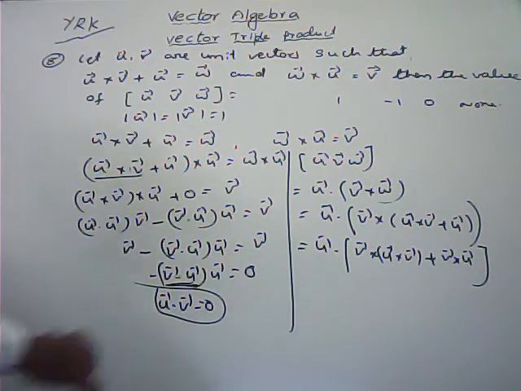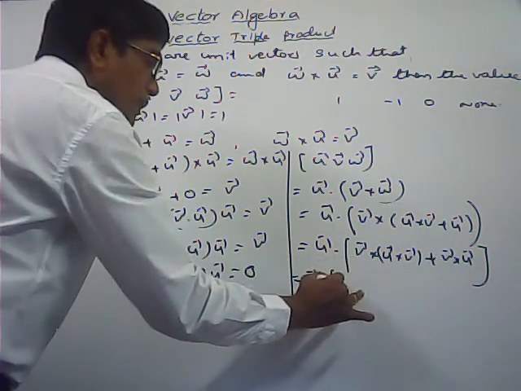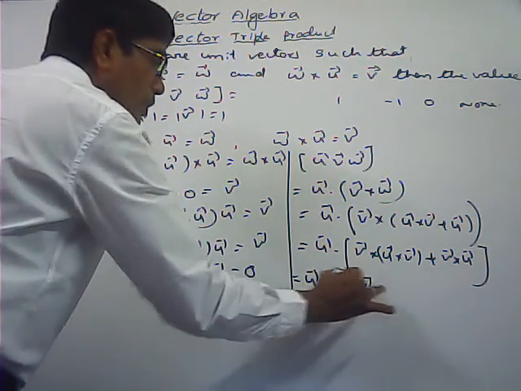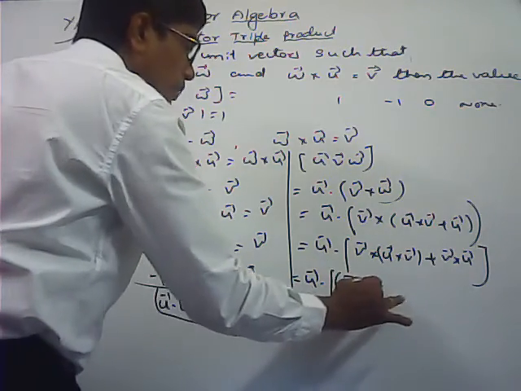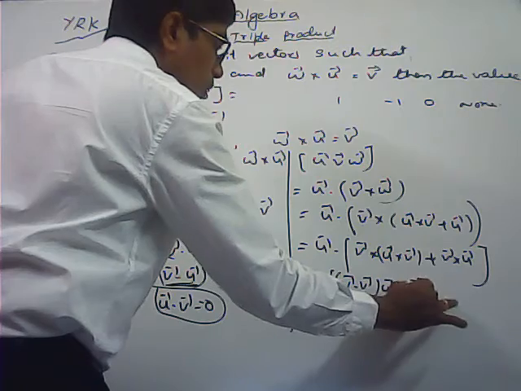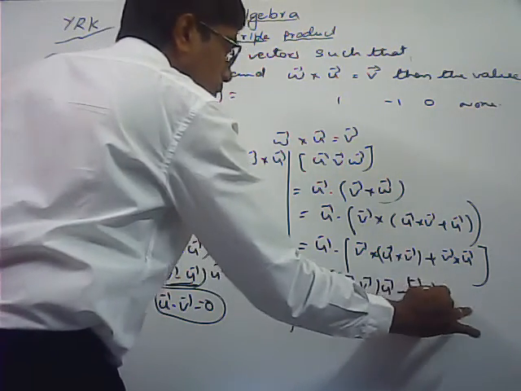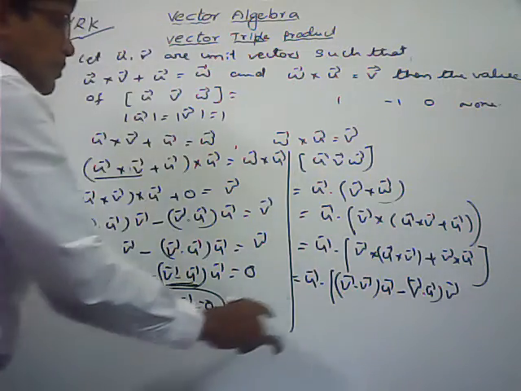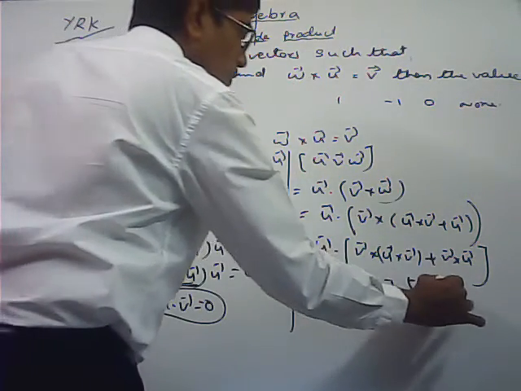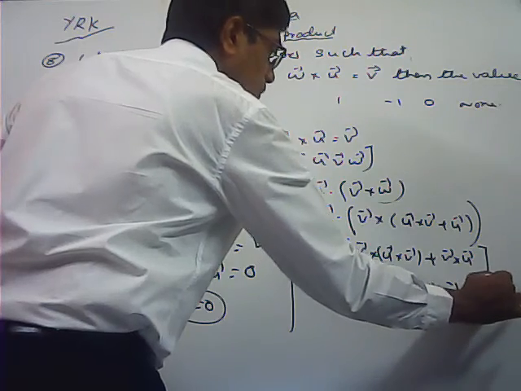Now here you can expand that one: U bar dot (V bar dot V bar into U bar minus V bar dot U bar into V bar) plus V bar cross U bar.